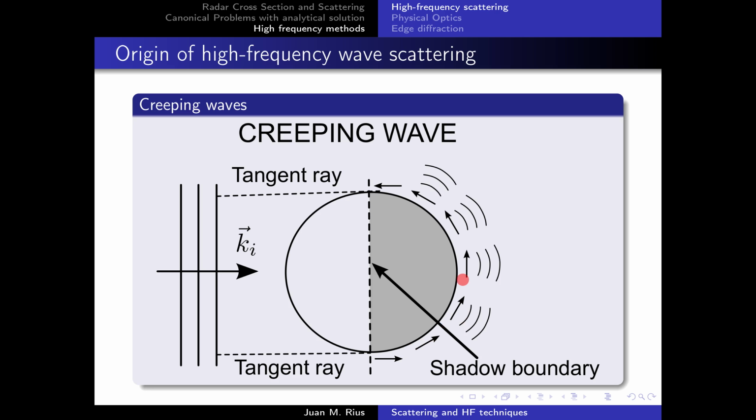So we have a creeping wave traveling that way, going back to the radar, but also a scattering field in the shadow boundary. This is the reason why the cylinder case with TE polarization doesn't have a shadow boundary. We already addressed this issue before, but the important thing is that creeping waves are also a significant scattering phenomenon that we can take into account.